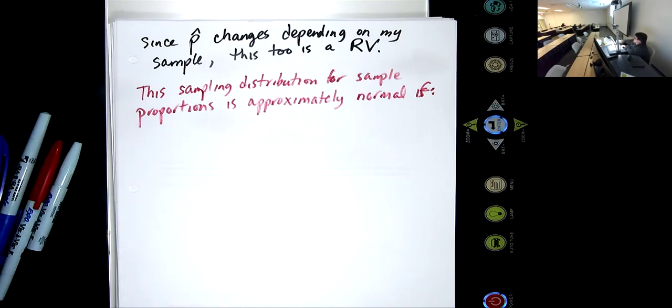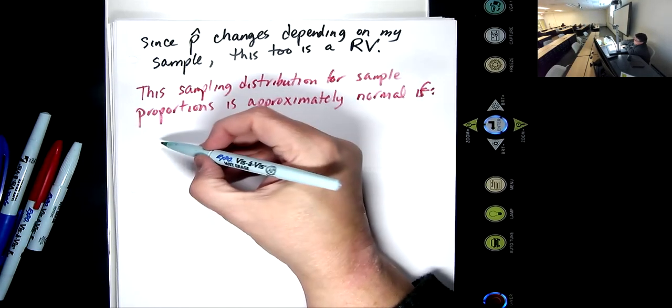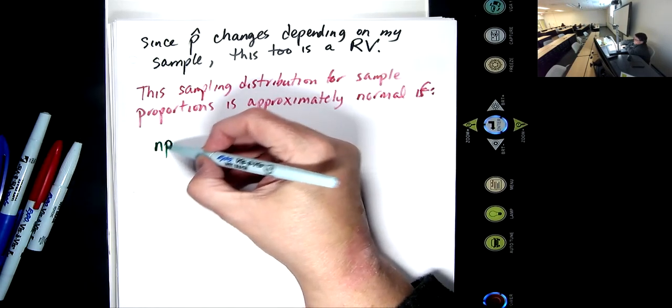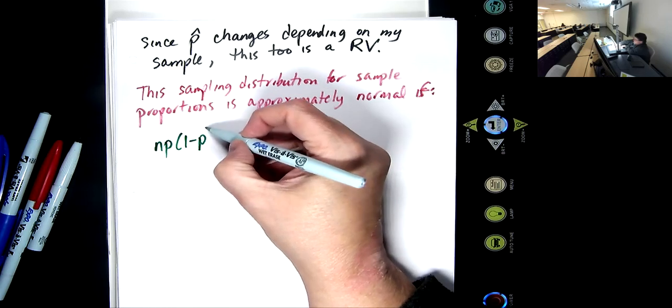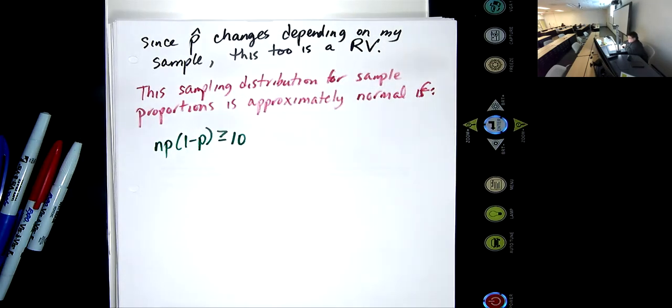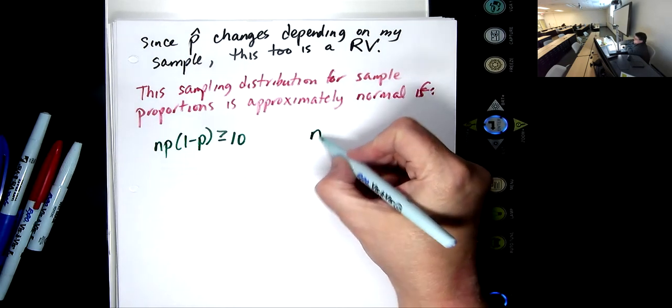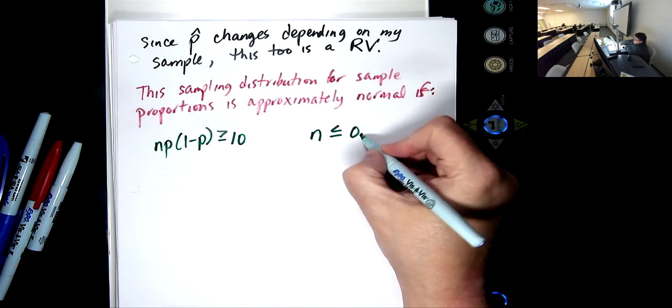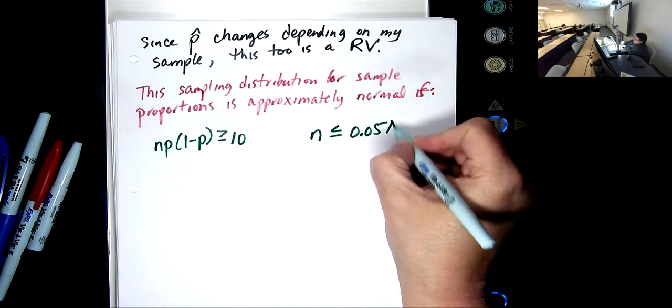These are the criteria. We want n times p times 1 minus p to be greater than or equal to 10. And we want n to be less than or equal to 5% of the overall population.